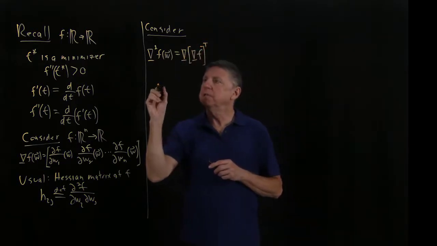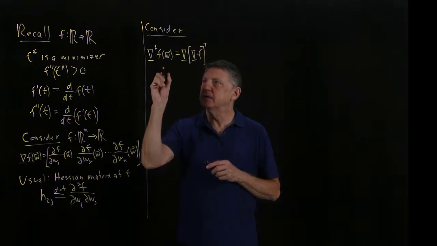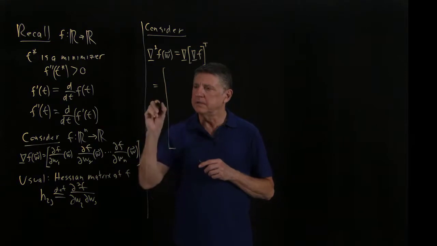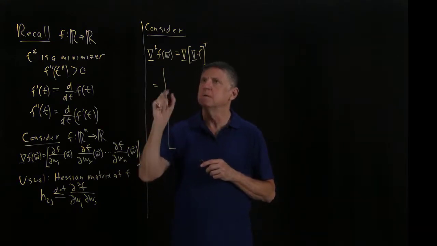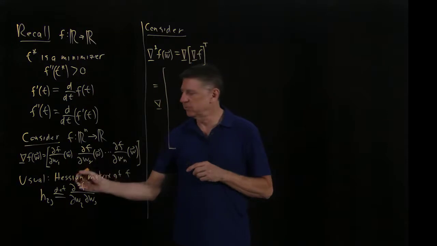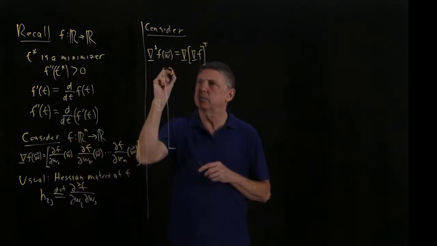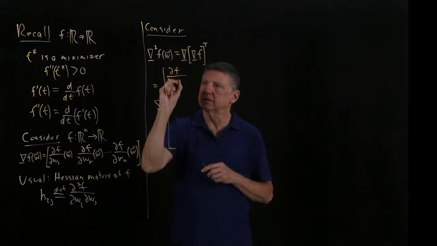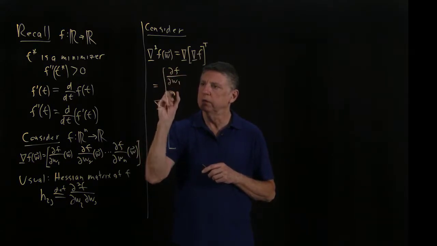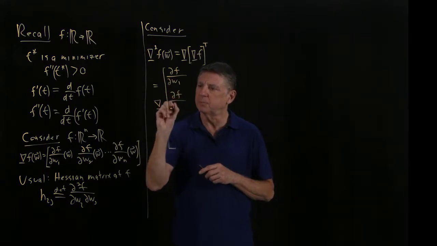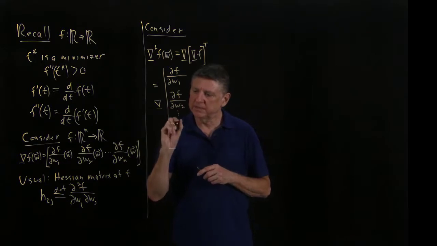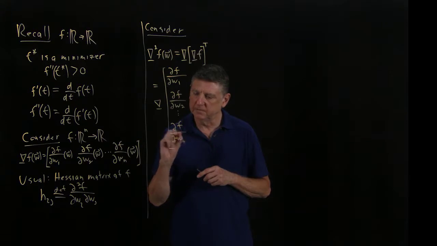And what we would get if we did that would be the gradient of, so let's take this transpose first. So we take this first entry, and that will be the partial derivative of f with respect to component 1, the partial derivative of f with respect to component 2, and so on until we get the partial derivative of f with respect to component n.